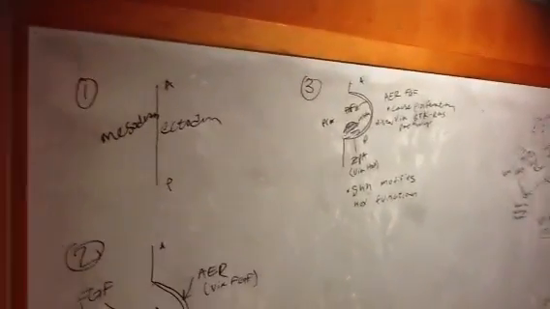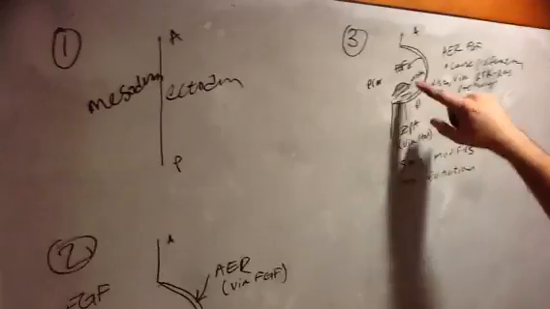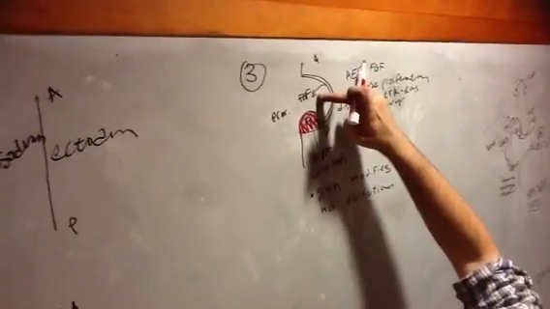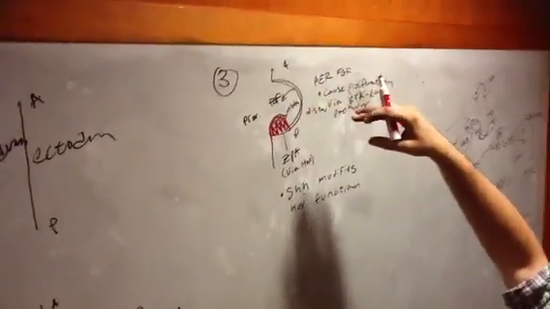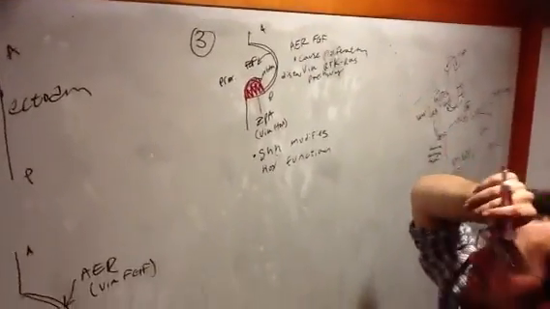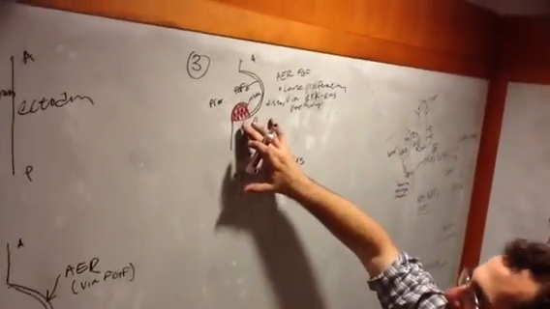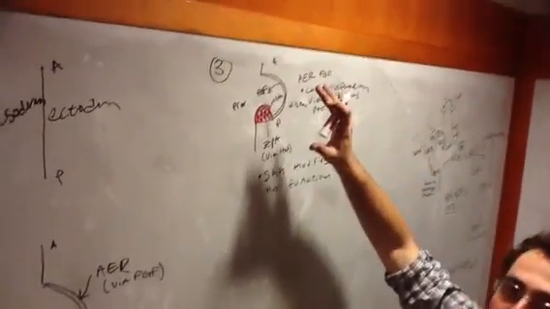This entire thing right here is the zone of polarizing activity, and coming from it is the factor SHH. So these are both really important for the development of limb buds.